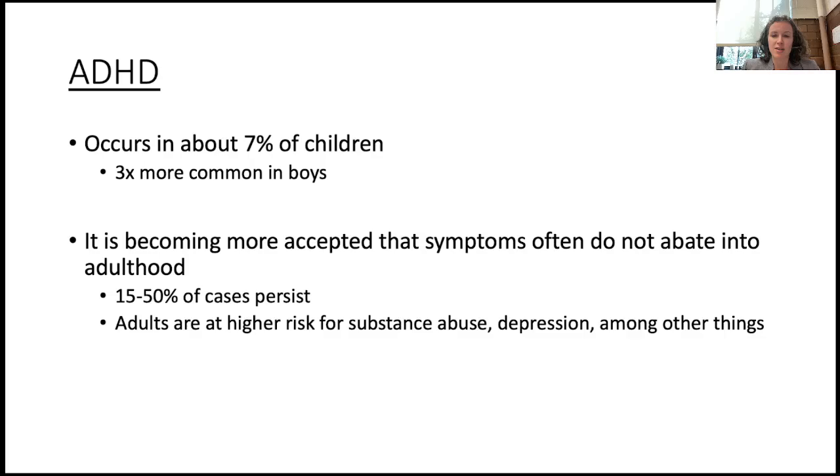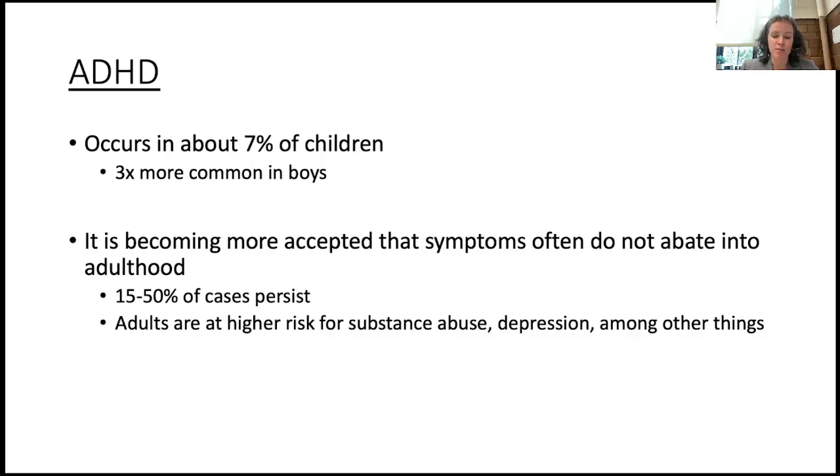Now there is some controversy, I guess, regarding why the diagnosis is occurring more in boys than in girls. Some folks argue that the way that boys and girls are socialized might impact whether or not girls are left undiagnosed when they might actually have ADHD.